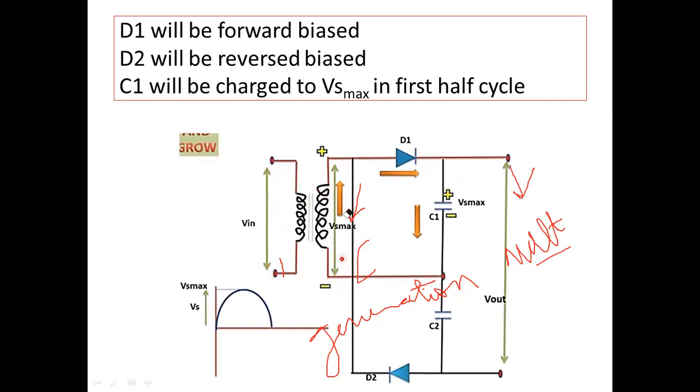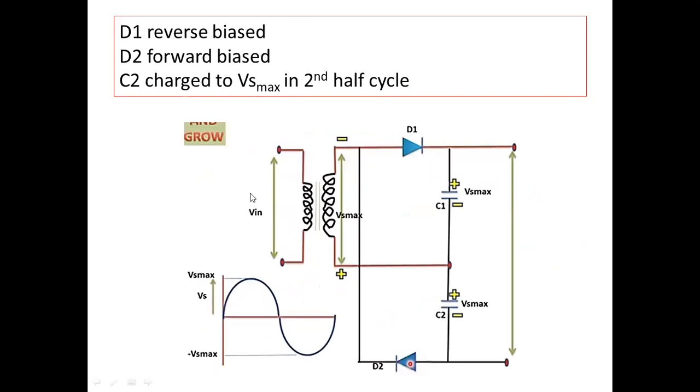Okay, so this is the circuit of the full wave rectifier. Let's start with the first half cycle of the input. Then we will explain the second half cycle of the input.